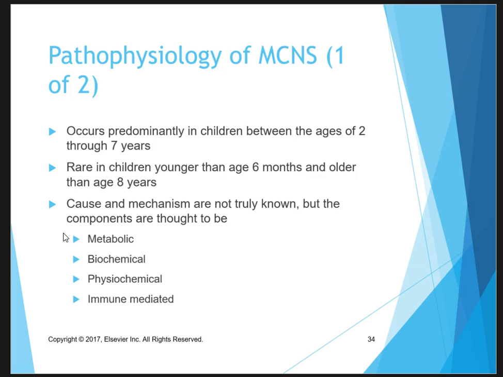It's rare on the outliers of those ages, but it still can occur. And again, another one of those things, we sometimes just don't know why it happens. Contributing factors: metabolic, biochemical, physiochemical, immune-mediated, pretty much runs the gamut of us as providers saying, we don't really know why it happens, but any of these things could be contributing factors.